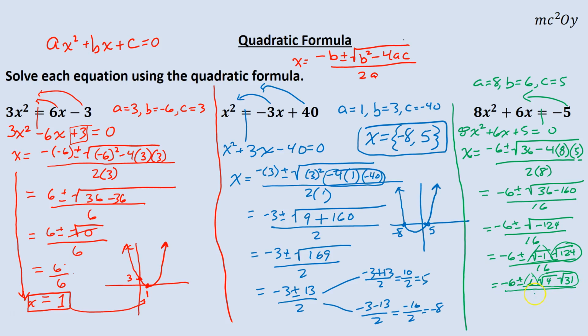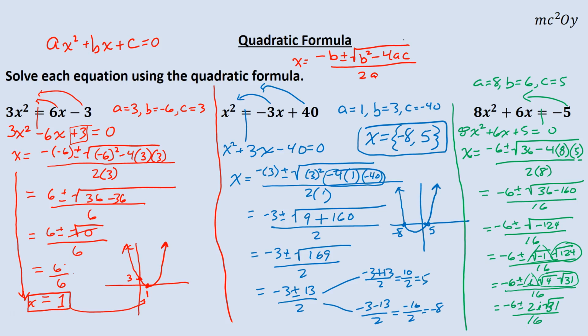We'll go all over 16. All right, so that now is -6 plus minus, well, square root of 4 is 2, so 2i, and then we keep the root of 31, all over 16.